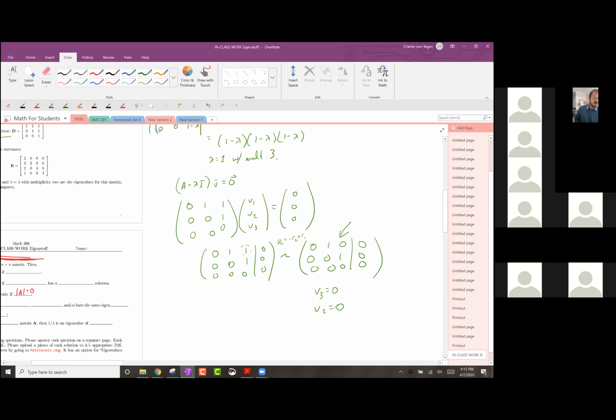And then the choice for V1 is free. Put another way, notice that V3 has a pivot, V2 has a pivot, so those are both determined, but V1 does not have a pivot. So that's what makes it a free variable in this case.